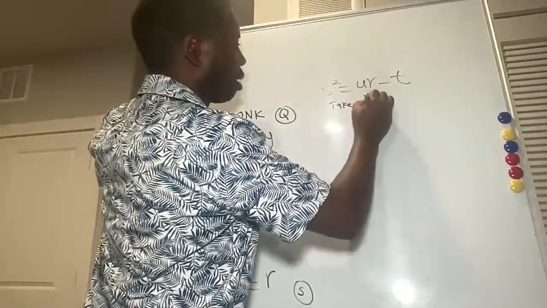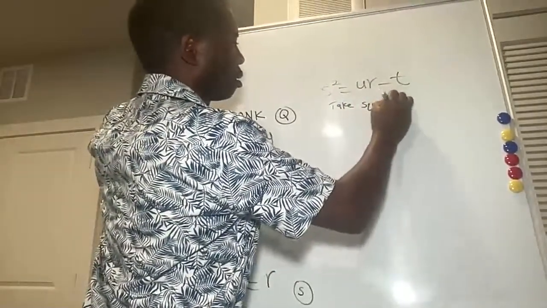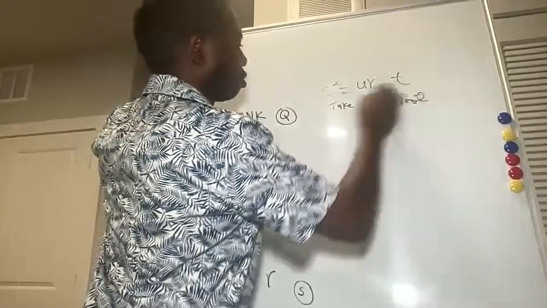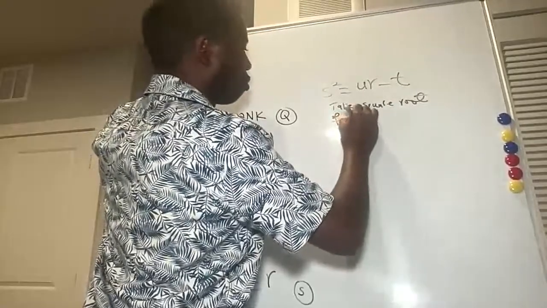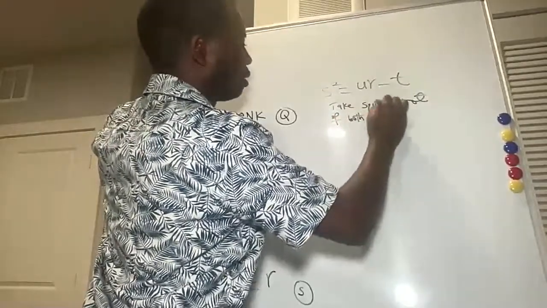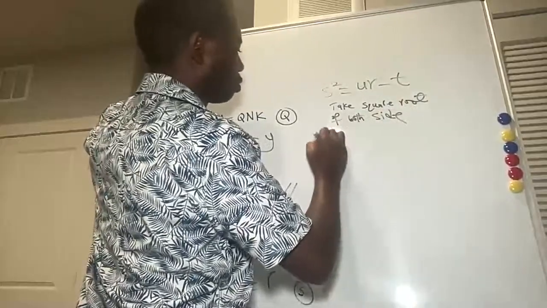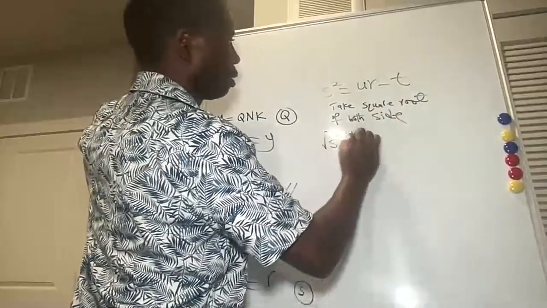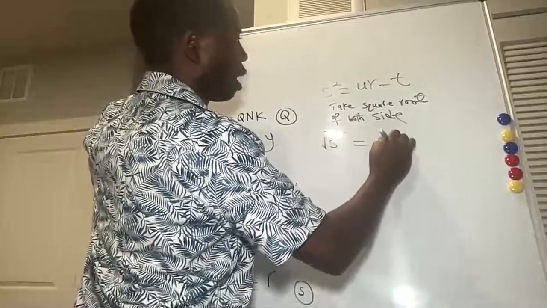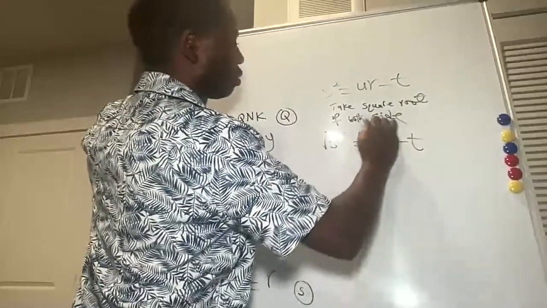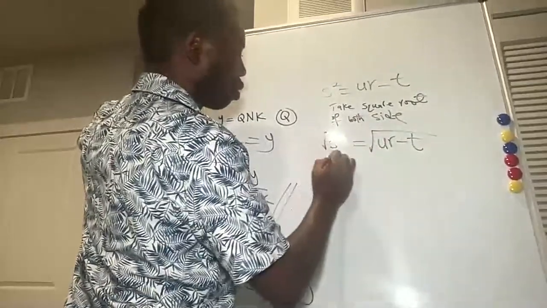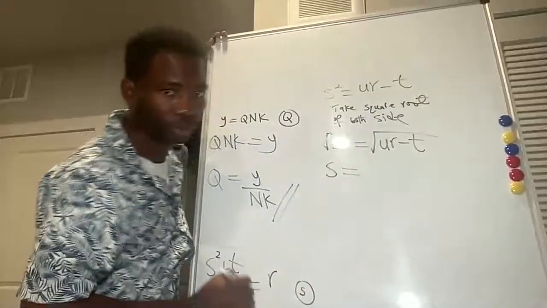It will now be the square root of s squared is equals to the square root of ur minus t. 2 cancels 2.